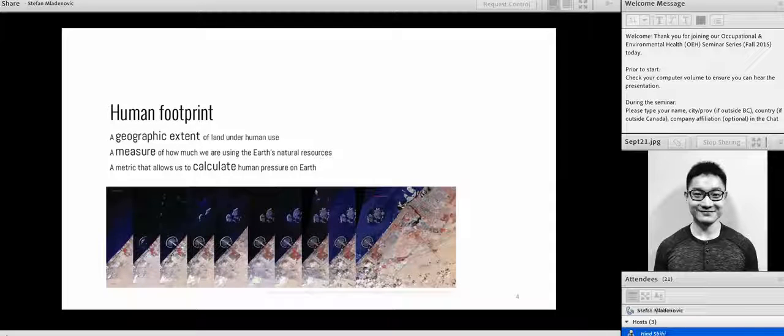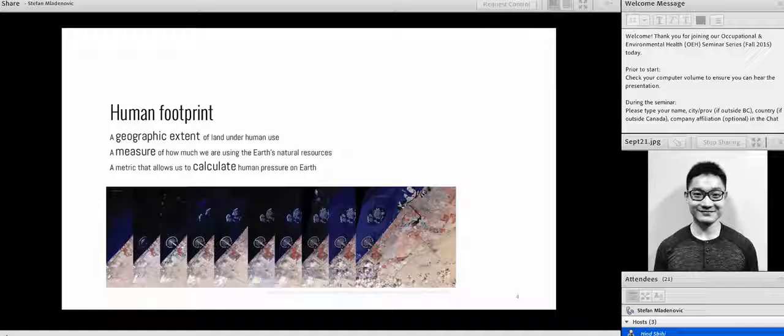So this is us. This is Dubai. I believe this is from 1995 to 2005, so just 10 years. Our impact on the natural ecosystem is so massive that you can see it from space.